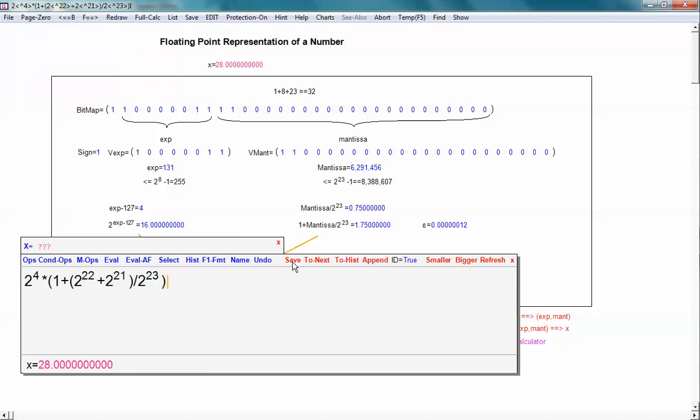And let's save that. And there it is. I pop a 1 into that next slot. Suppose I want to put a 1 down here now. I've got to go in here and put a 2 to the 0. We know that's going to be 1, but let's keep the form and save that. And there it is. And finally, suppose I want to put a 1 there. Well, let's put it in order here. I'm going to do a plus 2 raised to the 1 and save.